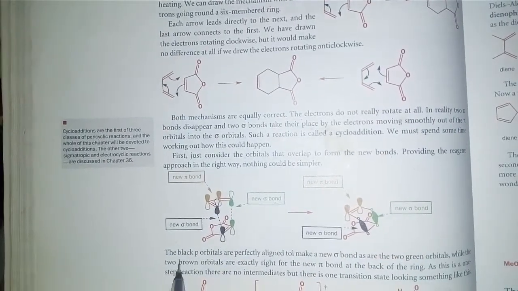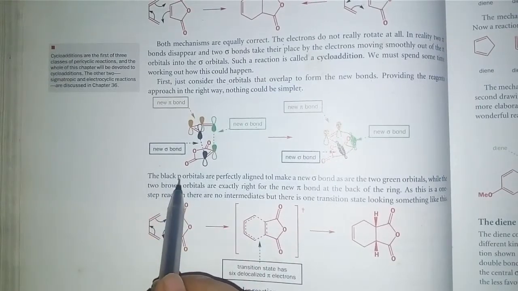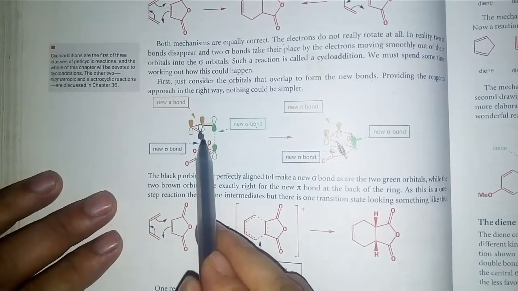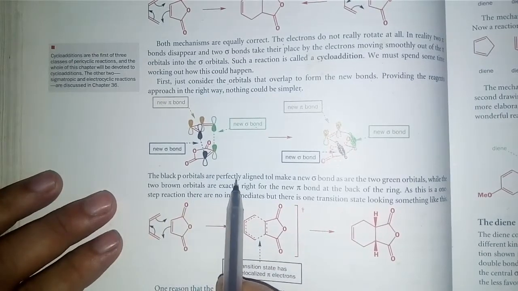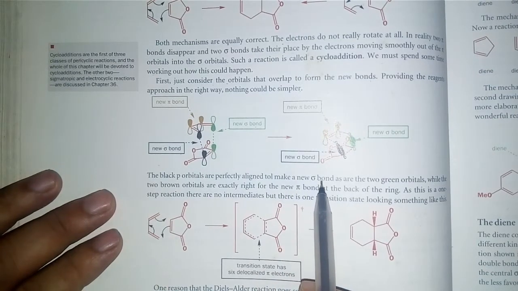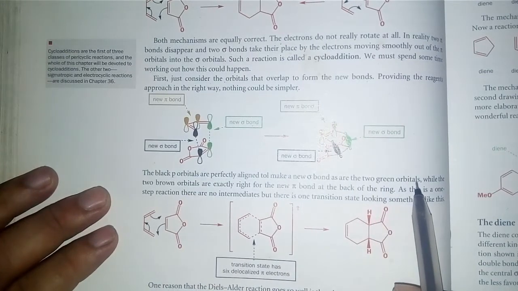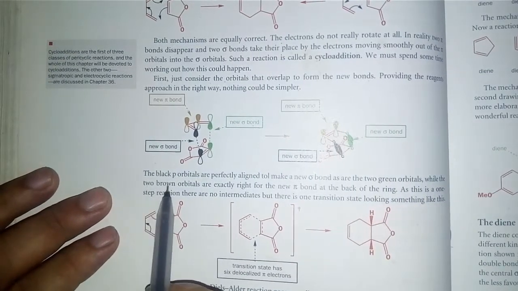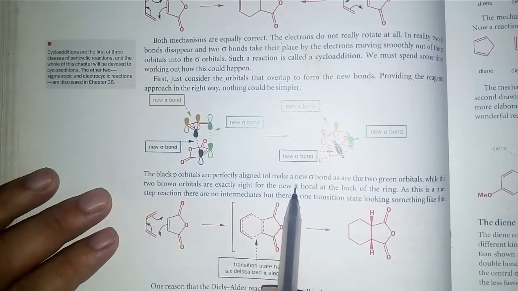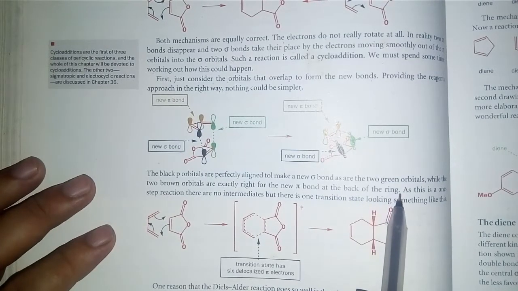Now see here, the black p orbitals, this one and this one, are perfectly aligned to make a new sigma bond, as are the 2 green orbitals, while the 2 brown orbitals are exactly right for the new pi bond at the back of the ring.